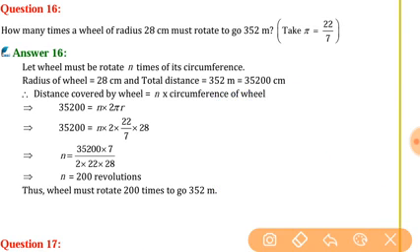So 35,200 centimeter is equal to n into 2 pi r. If you transfer all the terms to this side, n is equal to 35,200 into 7 divided by 2 into 22 into 28. If you simplify, 200 times is the number of revolutions taken by the wheel to cover 352 meter.